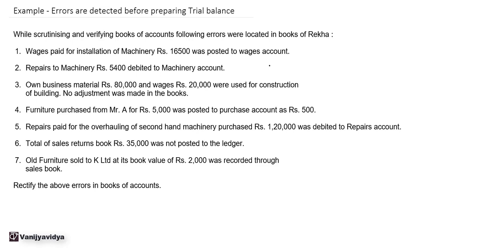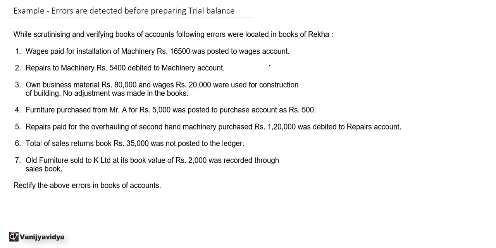So whatever is the cost incurred for the machinery till it is ready to use will be included in your cost of machinery. Now here wages paid for installation of machinery. The wages were paid for installation of machinery, but they were considered as your normal wages and they were posted to wages account.